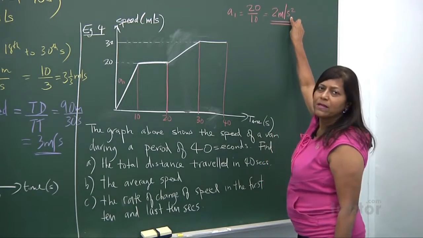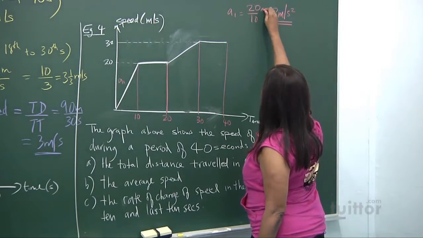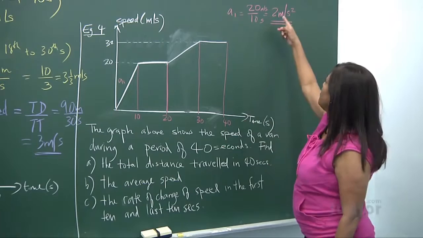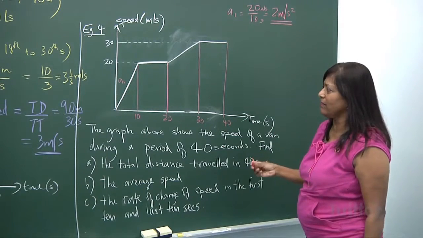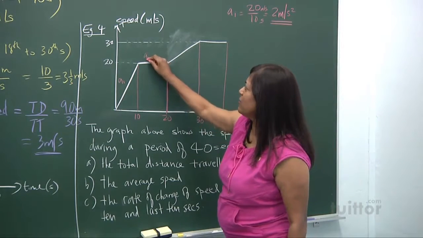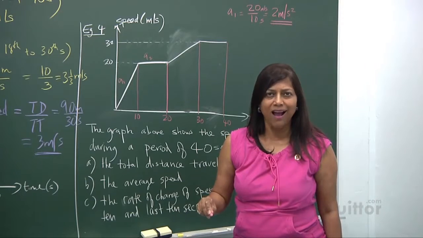Please take note, because it's meters per second, divided by second. So it is 2 meters per second squared. In this case here, in A2, can you say, teacher, resting?